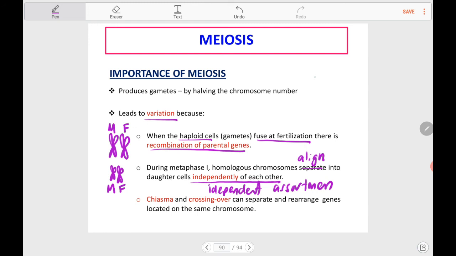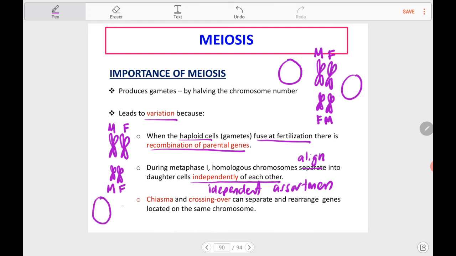So another possibility is pasangan yang pertama, sebelah kiri emak, sebelah kanan datang daripada bapa, tetapi pasangan yang kedua ini sebelah kiri datang daripada bapa, sebelah kanan datang daripada emak. So apabila homologous chromosome ini separate during anaphase, so maksudnya combination of chromosomes inside the daughter cell will not be the same.